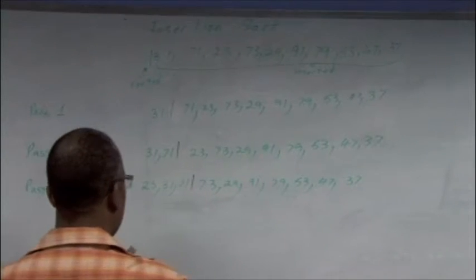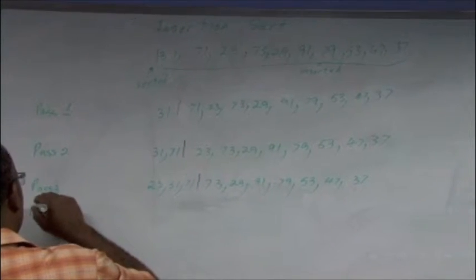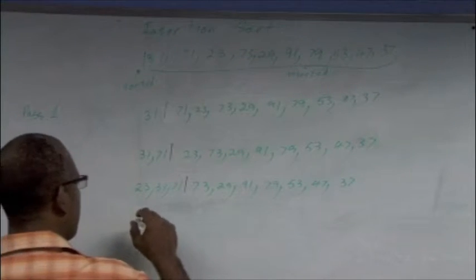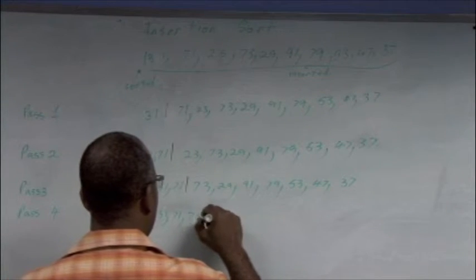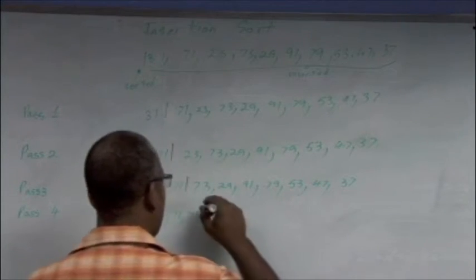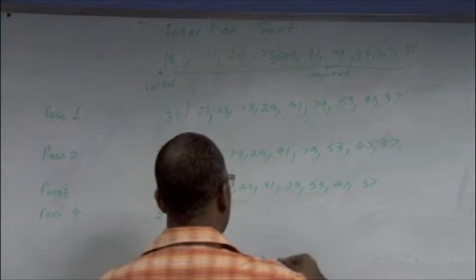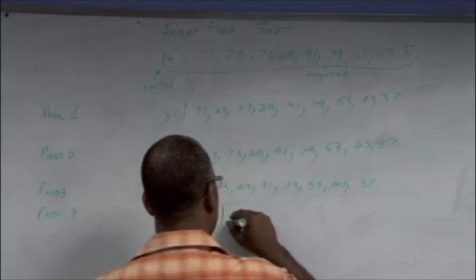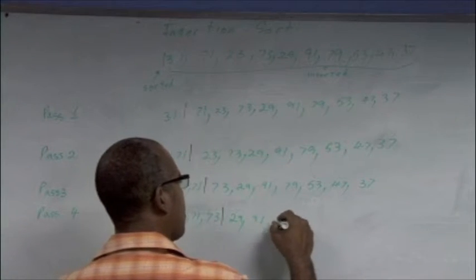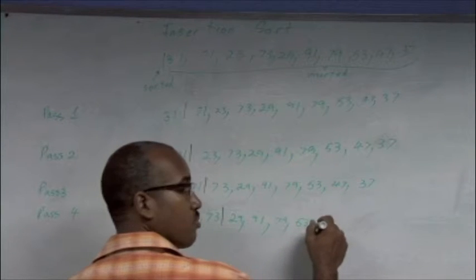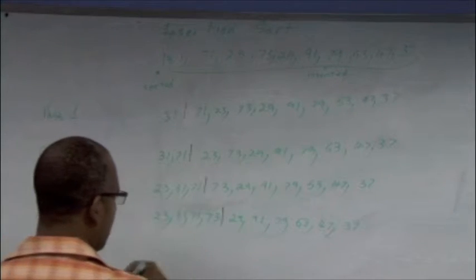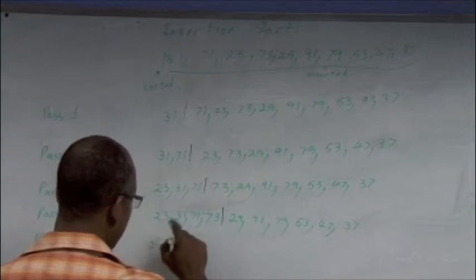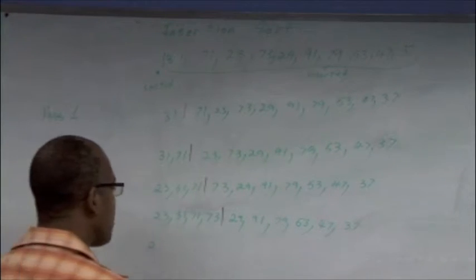And the process continues. 29 comes over, and it must be inserted in the correct position.